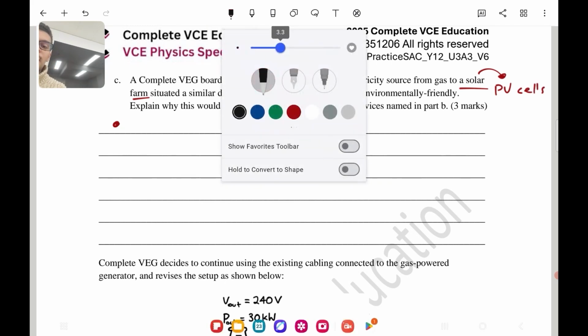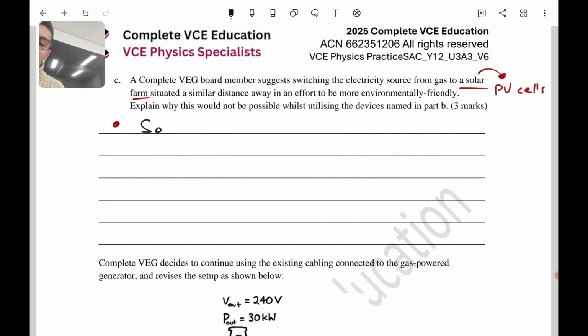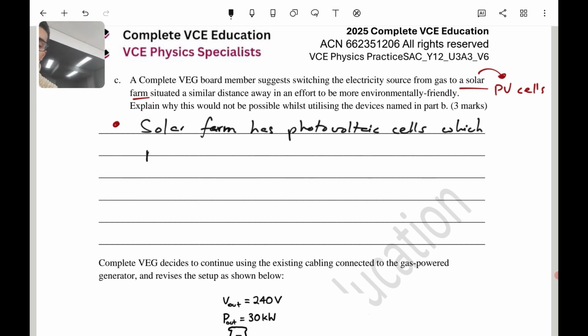And we know that PV cells, or in full form, photovoltaic cells, will produce DC electricity.